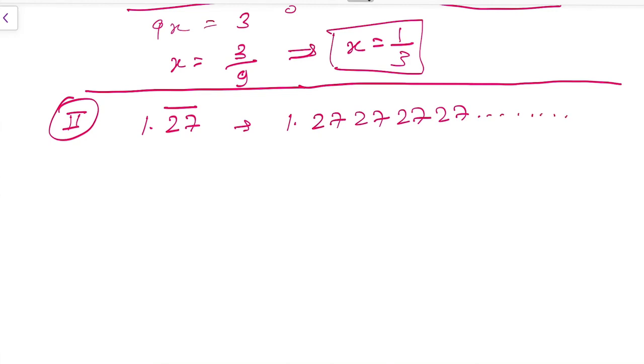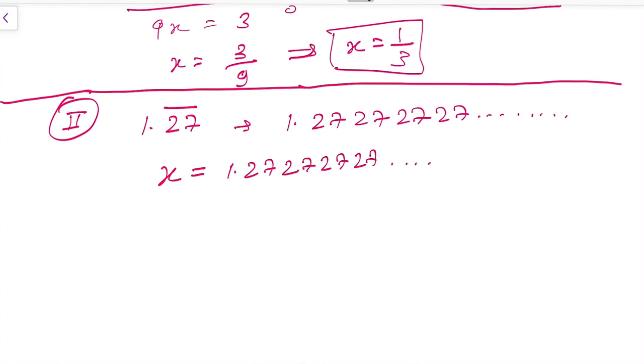We follow the same method as the first question. We take x as 1.27 repeating, written as 27 27 27 because the bar is on 27.